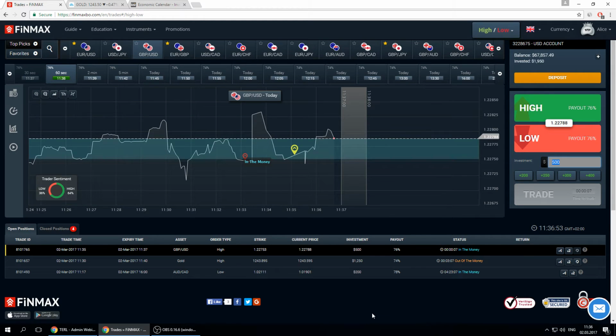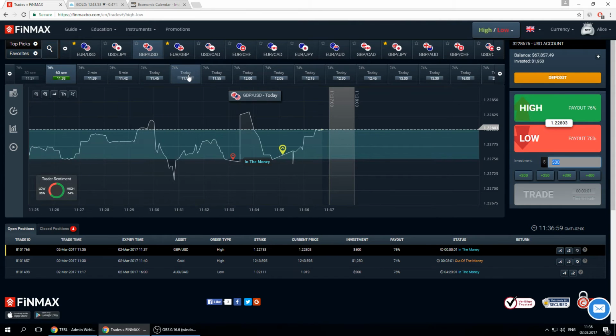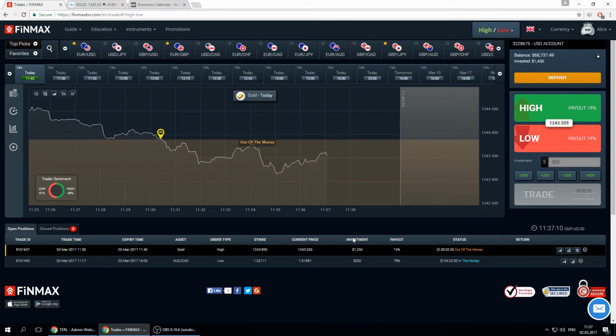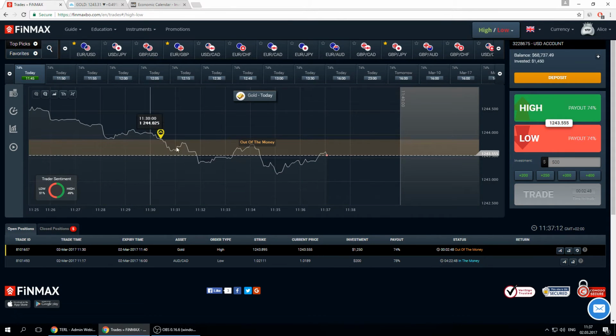So that is why it's important to pay attention to the time frames. It's important to pay attention to the assets that you are working with, to notice if you didn't forget to switch between them. So as we see, the market is near the price at which we opened the trade on gold.